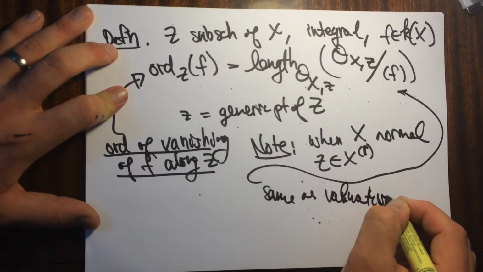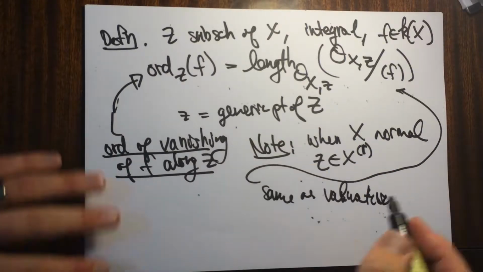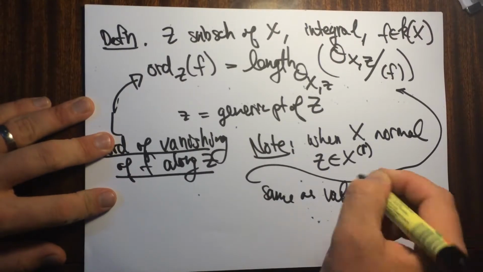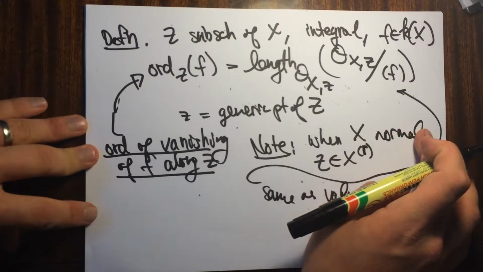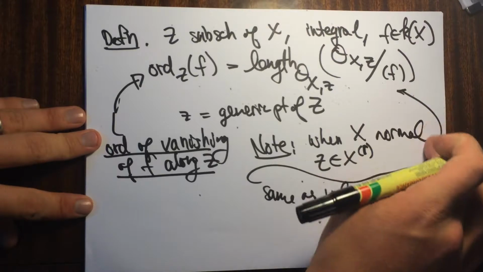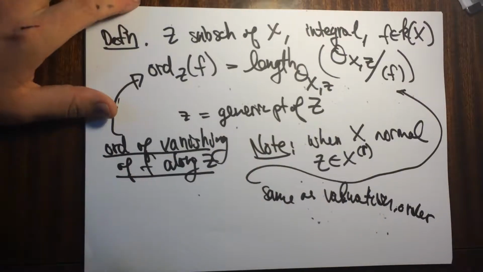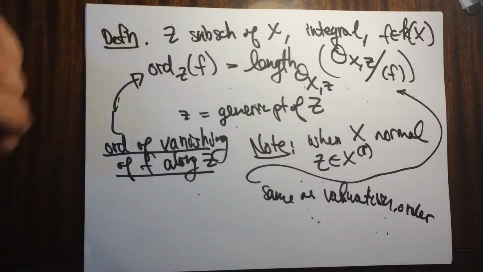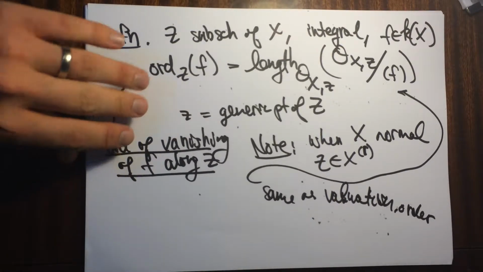So this is what they do in Hartshorne. Okay, but you know how I said that integral is bad. Normal should have been called integral because this is integrally closed in the sense of solutions of univariate polynomial equations.